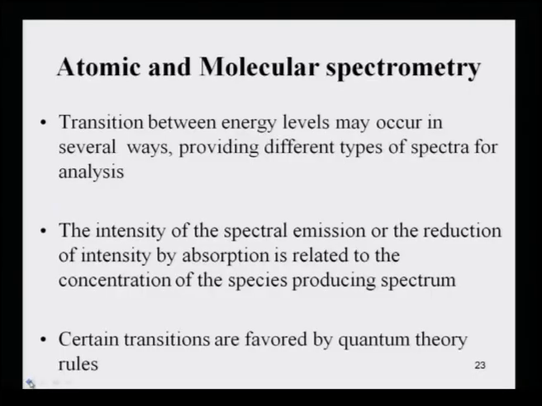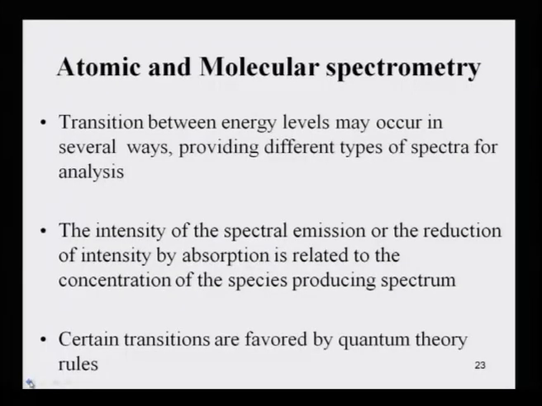Atomic and molecular spectrometry. This is what we are going to study in this whole chapter of spectroscopy. What happens to molecules when they are subjected to electromagnetic radiation? Atoms behave in a slightly different way.